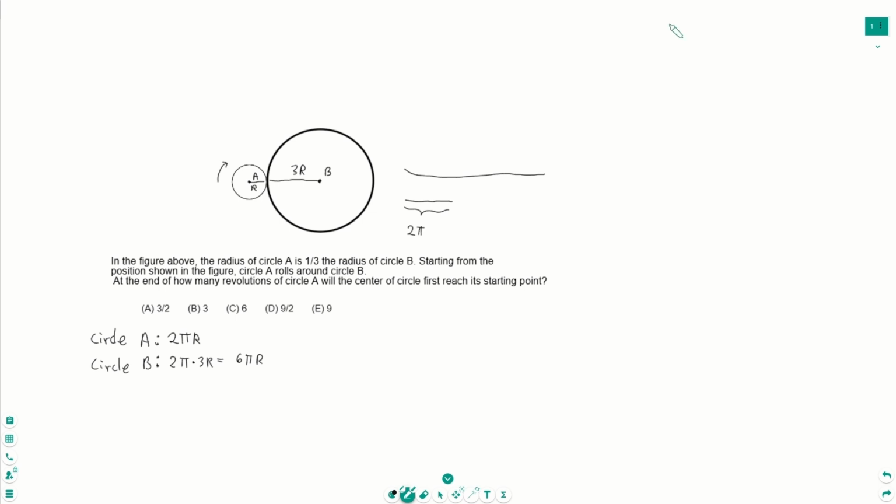So here is 2 times pi times r, and here would be 6 pi r, 3 times.